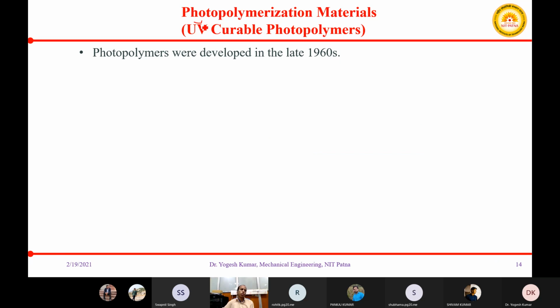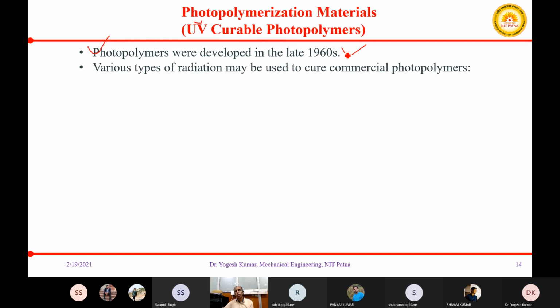Going back to the history of these materials, photopolymers were developed in the 1980s, around 60 years back. Curing means solidification of your material, that is the photopolymers.